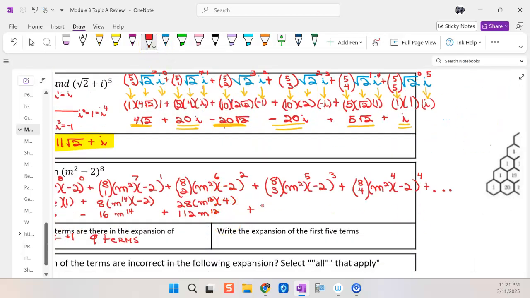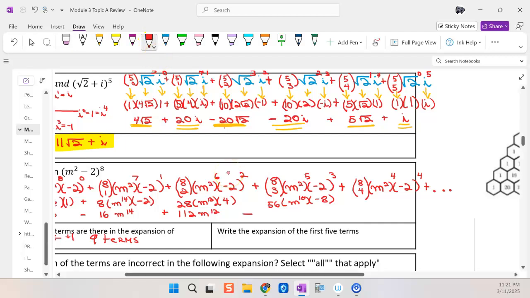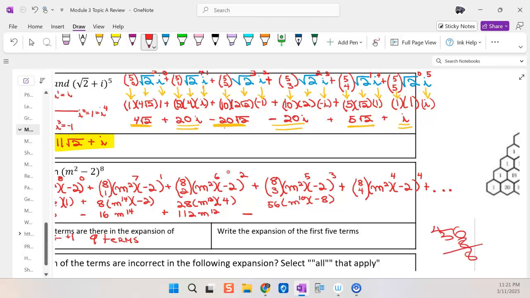So this here is going to be 56, m^10, negative 2 cubed, negative 8. So then I got 56 times negative 8, which is going to make it a negative. Okay, so that's 448.